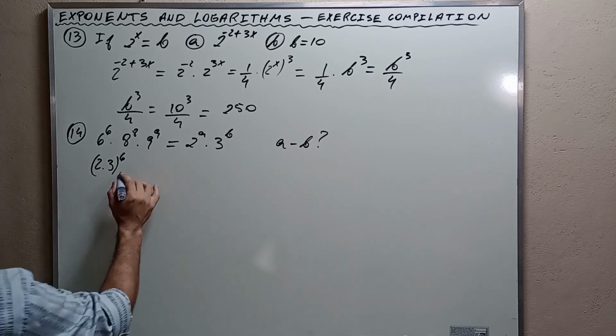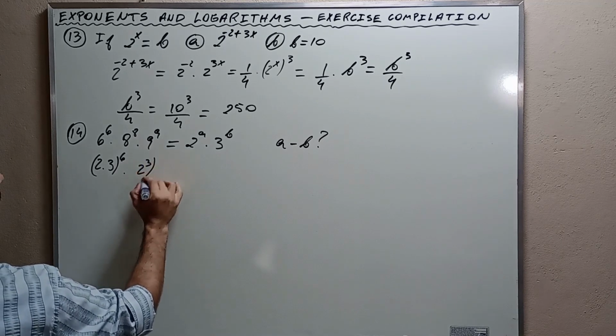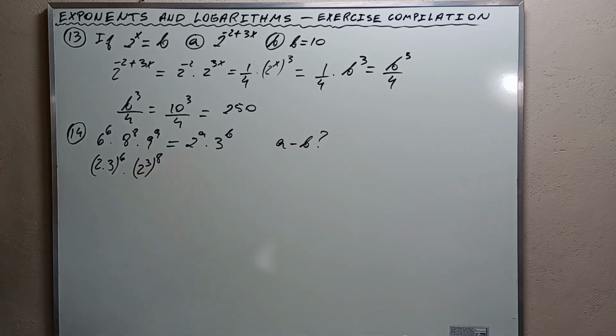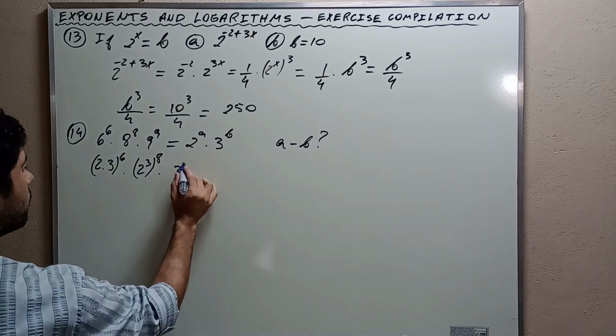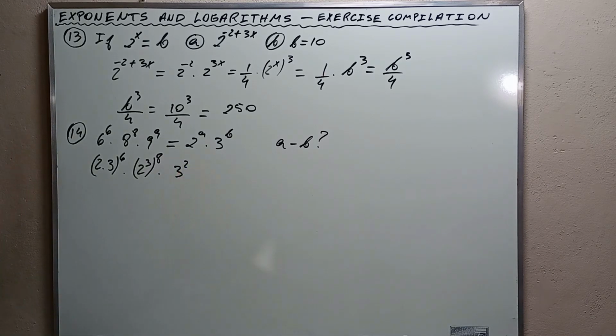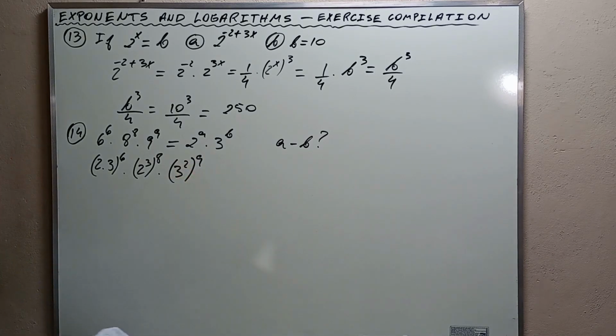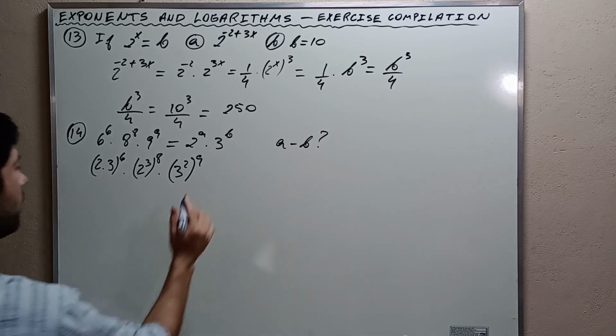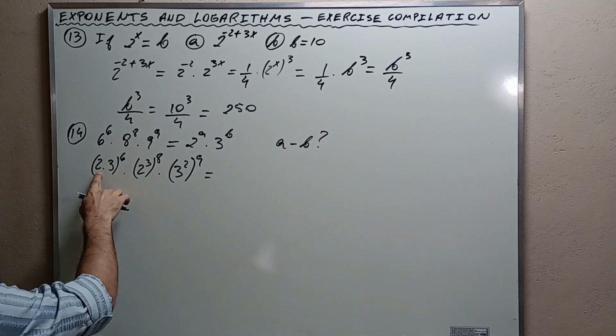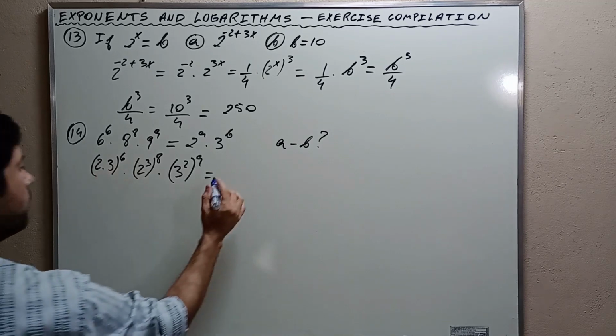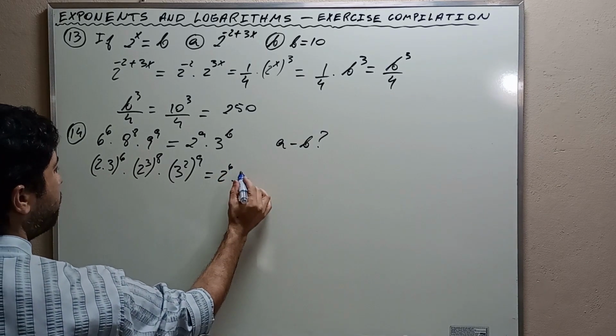Then 2 cubed to the 8th power. And how about 9? 9 is 3 squared. We substitute 9 by 3 squared to the 9th. And then in this part here, we know that it can be converted to 2 to the 6th times 3 to the 6th.